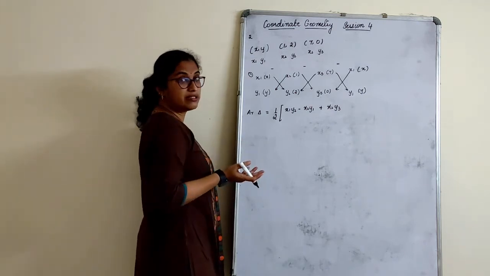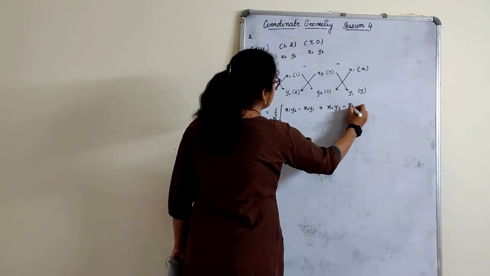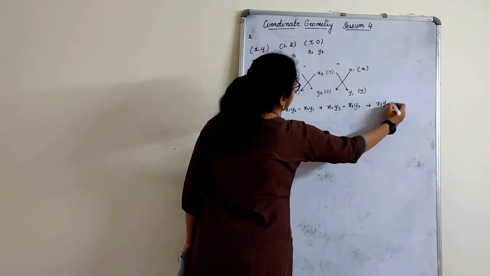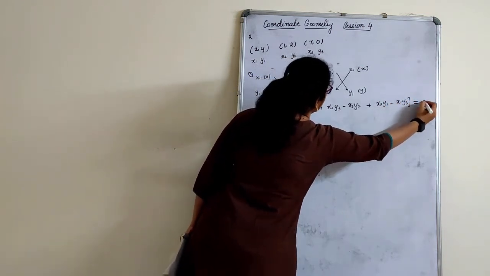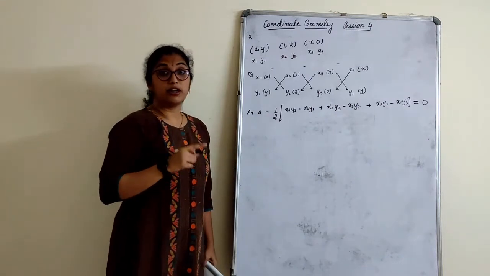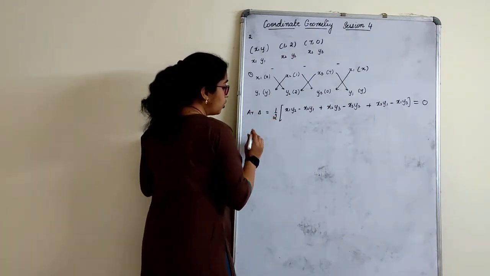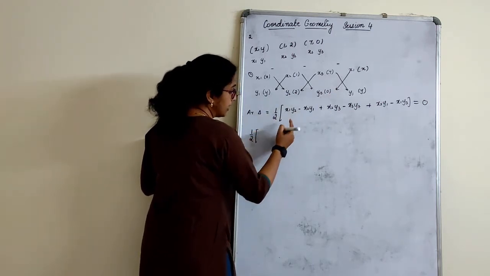So x2 into x3 I can't be multiplying. x2 y3 minus x3 y2 plus x3 y1 minus x1 y3 is equal to 0. That you have to write. Why? Because the given lines are collinear. That's a proof for us. Again, don't put equal to sign because already we have equal to there. We'll start from half directly.